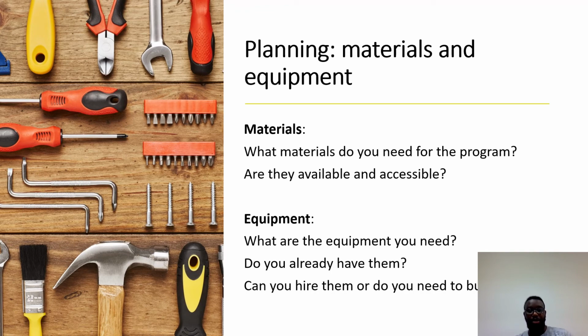If you are a practicing oral health professional, you might find out that you may have access to some of this equipment, either because you have them previously or you can get them from your colleagues, okay, or that the organization that you're working from already has it. So the equipment that you need, whether you will need to hire them or you will need to buy them, will depend on the nature of the program that you are running.